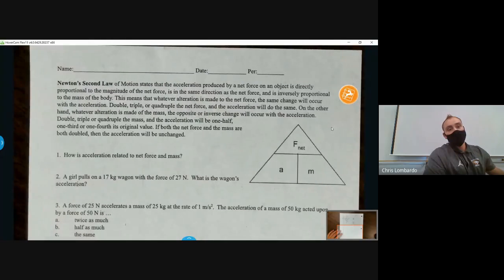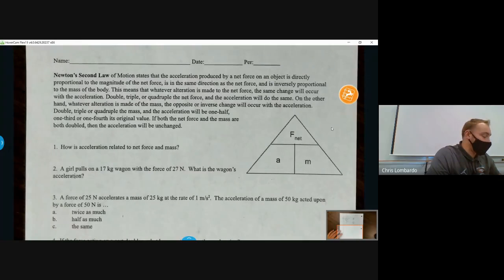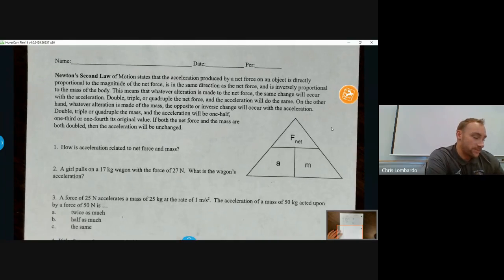All right. It states that the acceleration produced by a net force on an object is directly proportional to the magnitude of the force. It is in the same direction as the net force, and inversely proportional to the mass of the body. So whenever a change is made to the net force, the acceleration will change the same way.